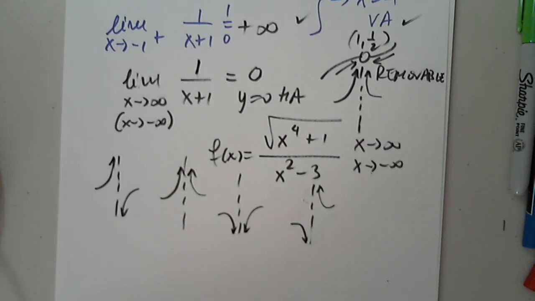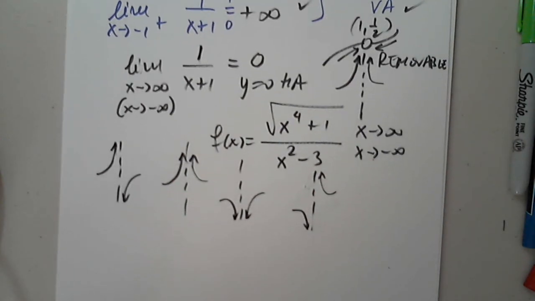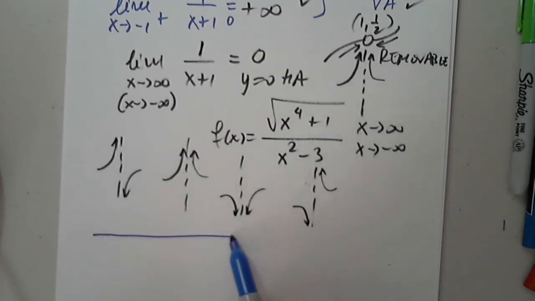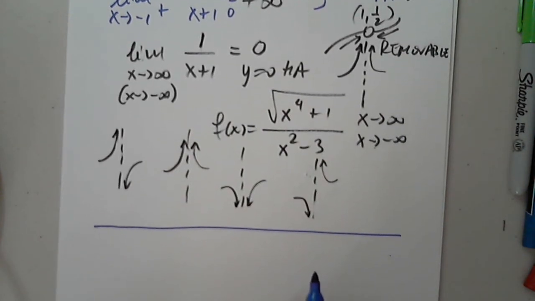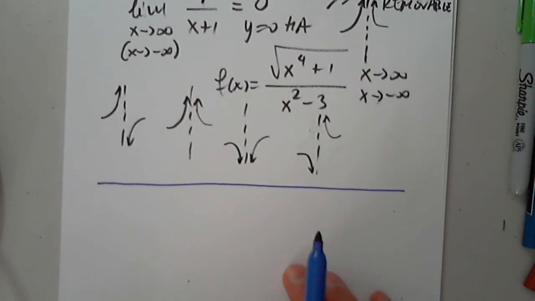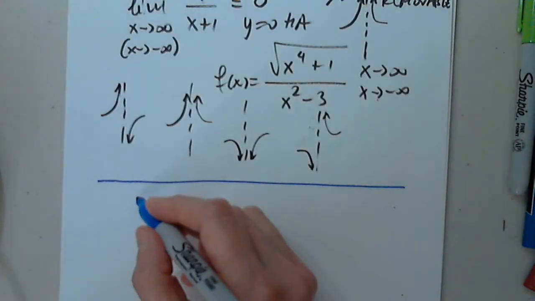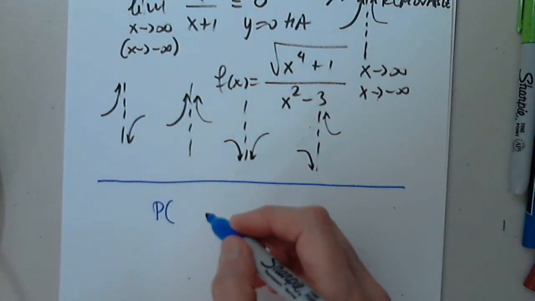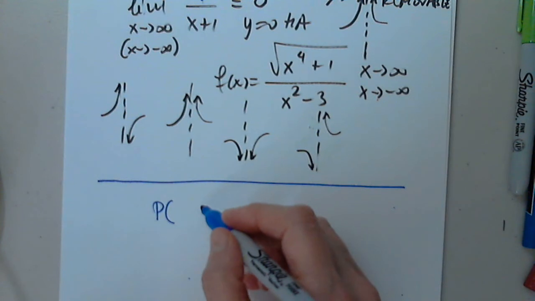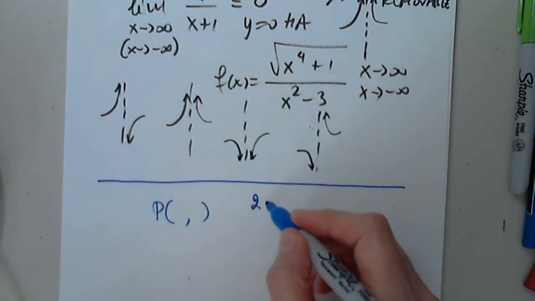Anything else? Yes? The problems where they want you to find the equation for a tangent line, and then they give you a point to work off of. That's like 2.8, I think.